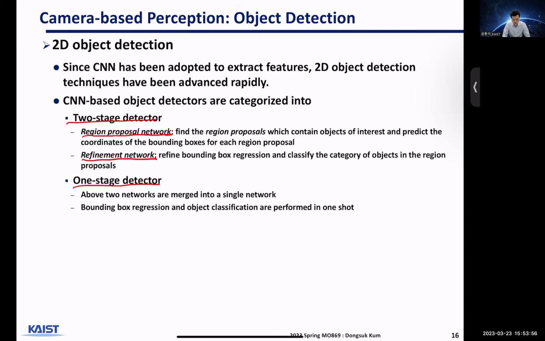But later on, the two-stage detector turned out to be somewhat redundant, and it's slow because it has two stages. So people proposed a one-stage detector. Initially, its performance wasn't as good as the two-stage detector, but as time goes on, the performance of the one-stage detector substantially improved, and now many detectors use the one-stage detector.